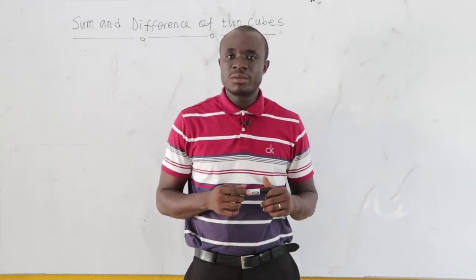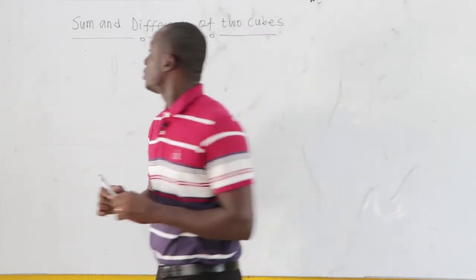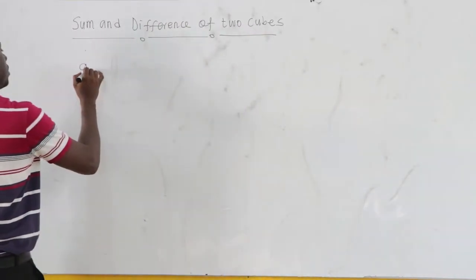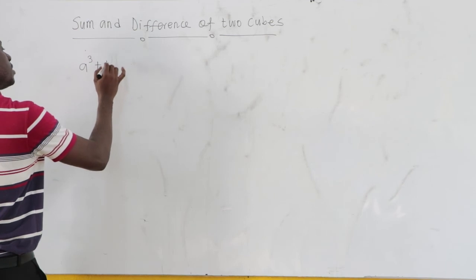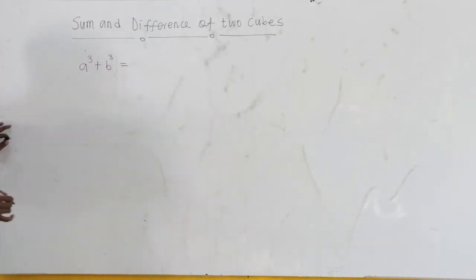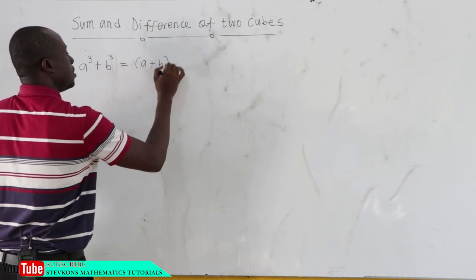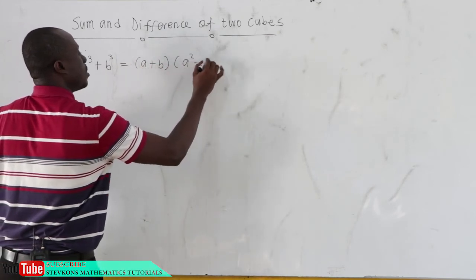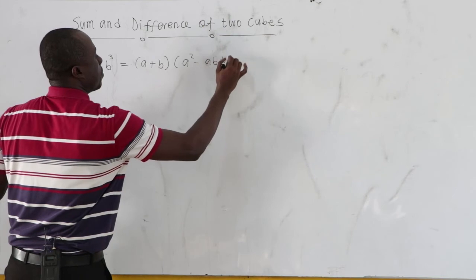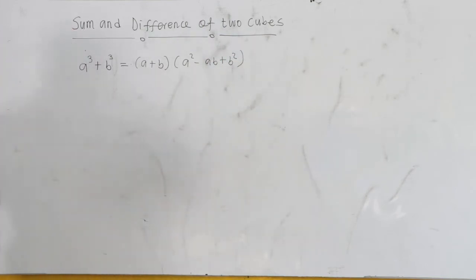Now we'll consider sum and difference of two cubes. If we have a to the power 3 plus b to the power 3, this can be factorized into a plus b times a squared minus ab plus b squared.